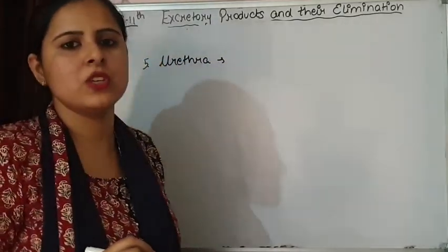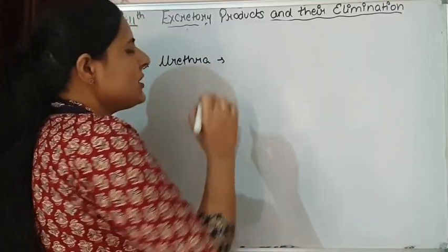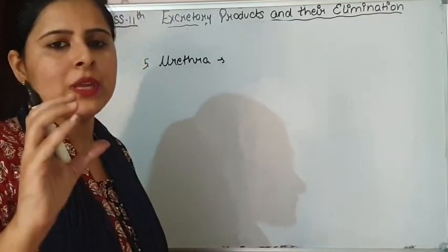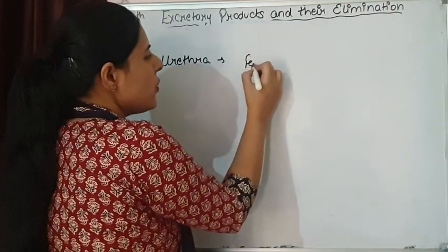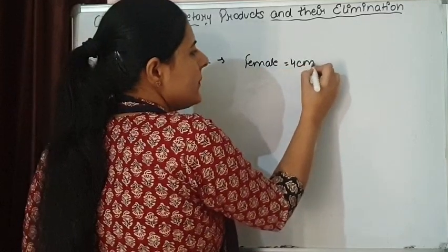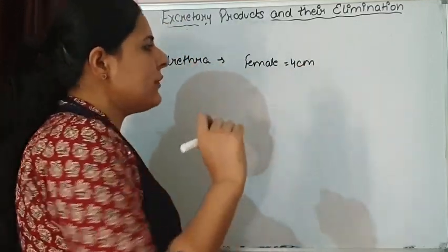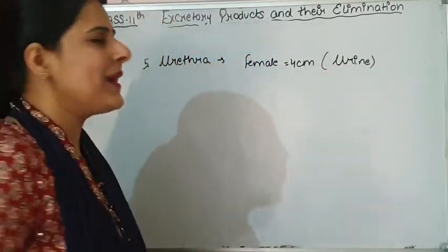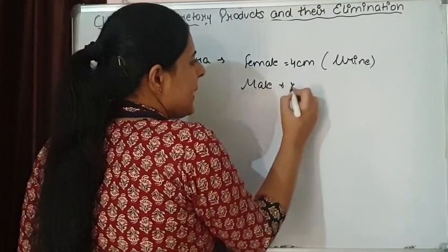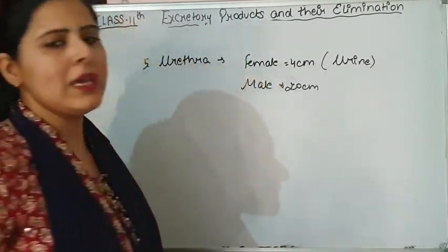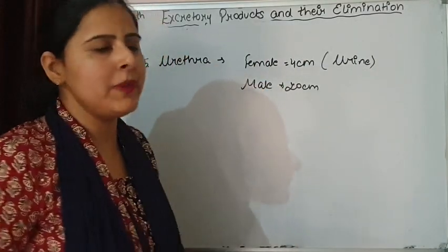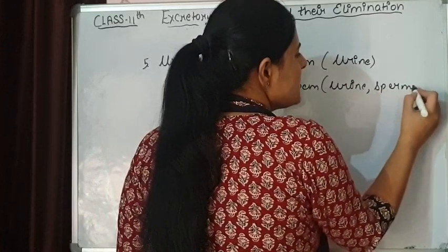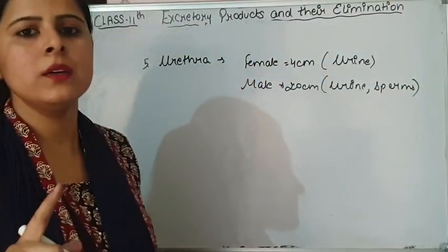In females, the size of the urethra is very small and it is about 4 cm only in length, and the only function is to remove urine out of the body. But in males, the length of urethra is more in comparison to the females, and here it is going to remove both urine and sperms, but one at a time.